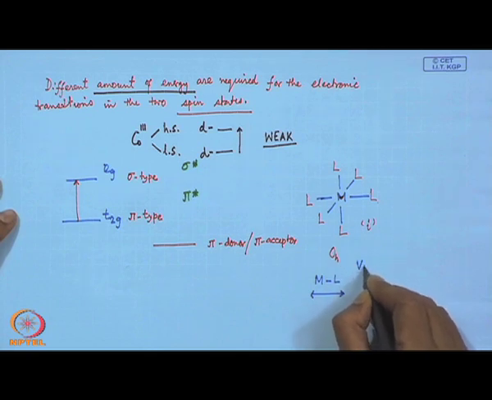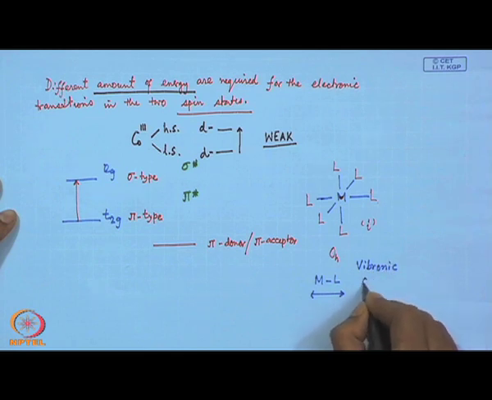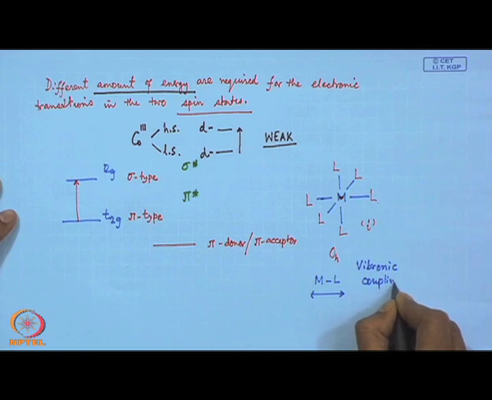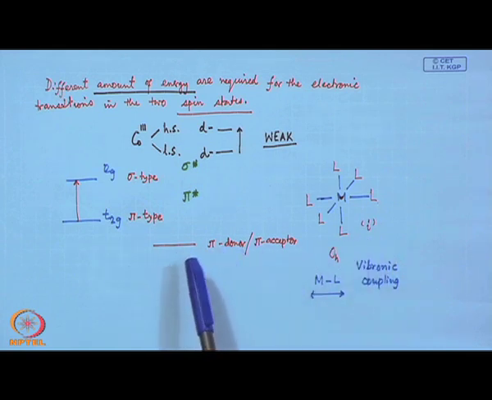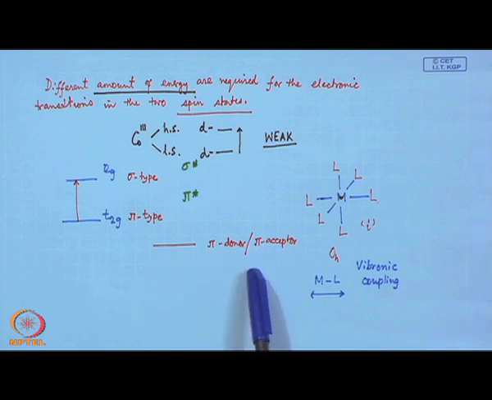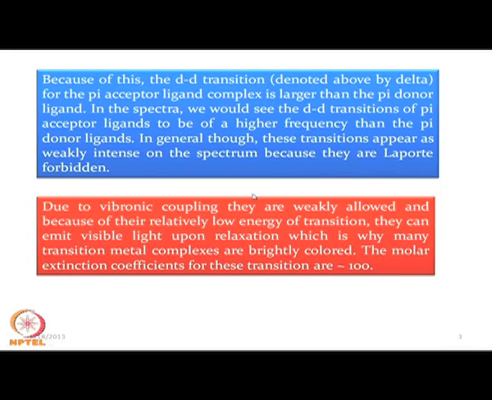Due to this vibration we have a mechanism known as vibronic coupling, which destroys the symmetry, and once the symmetry is lost, we get some relaxation for the G to G transition, which is otherwise Laporte forbidden.